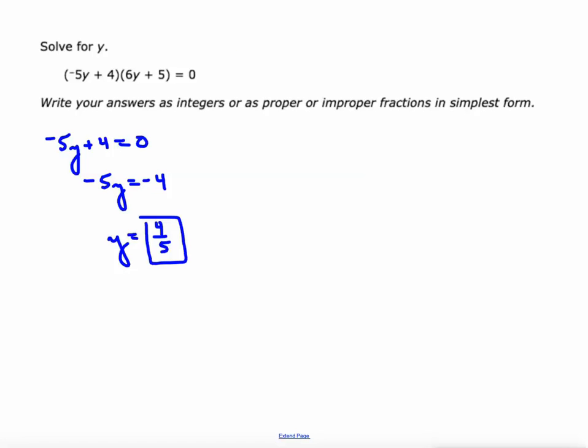And then the 6y factor right here would give us a solution of y equals -5/6. You just take the opposite of this value and divide by the coefficient of y. So 6 times -5/6 would be -5, and -5 plus 5 would be 0. 0 times anything is 0.